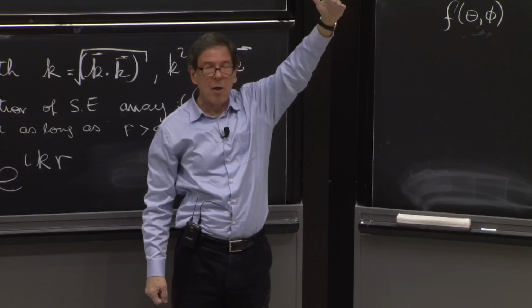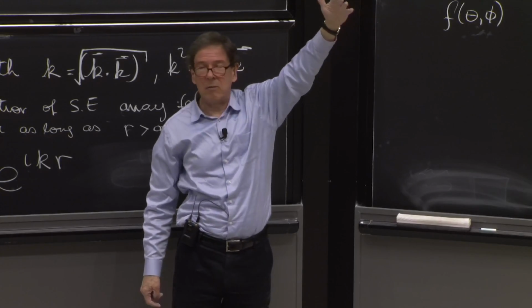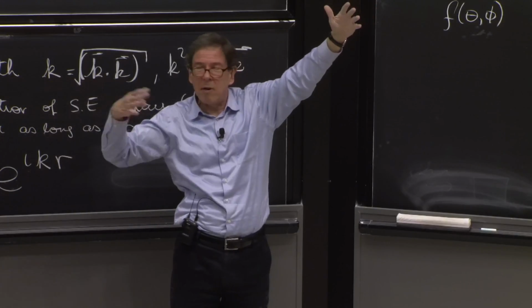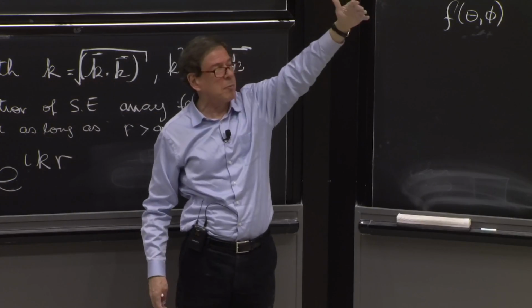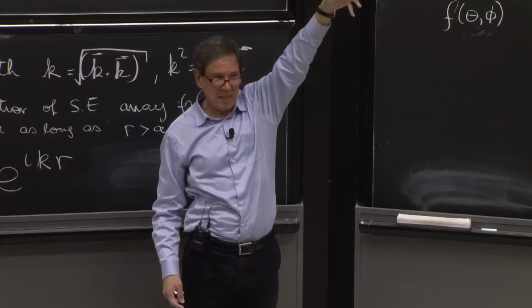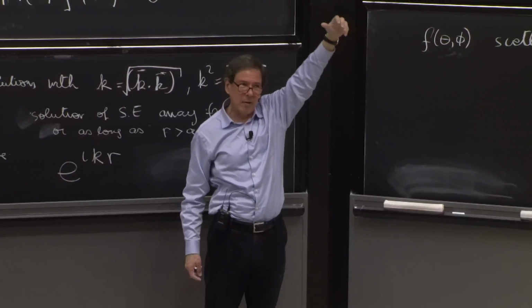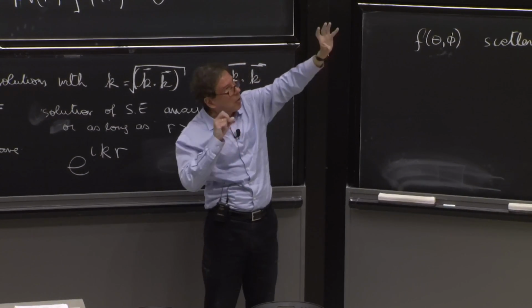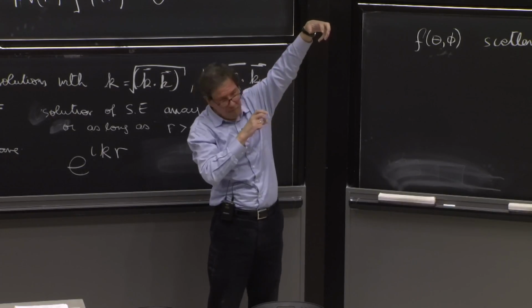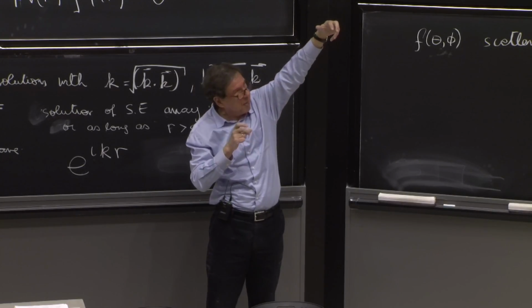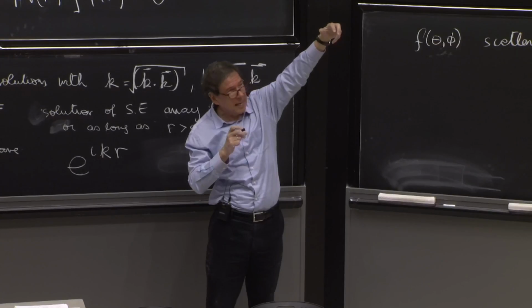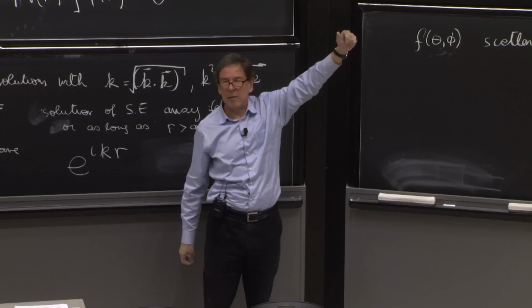Say I'm getting 3 particles per second in this detector at this angle. My detector at this angle covers a solid angle of 1/100th. And it's getting 3 particles per second.